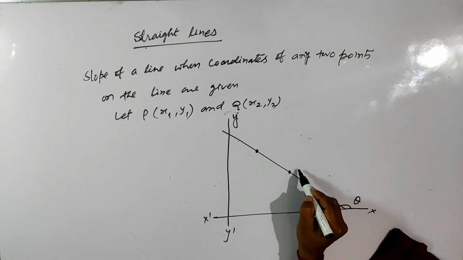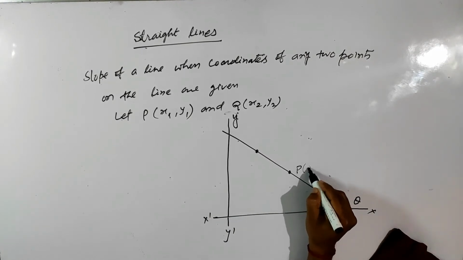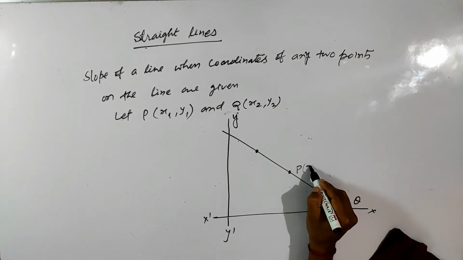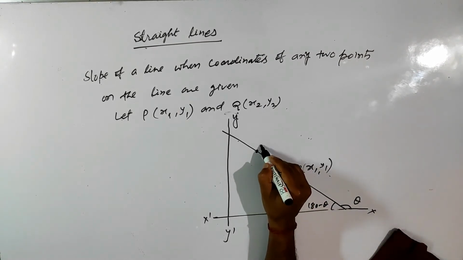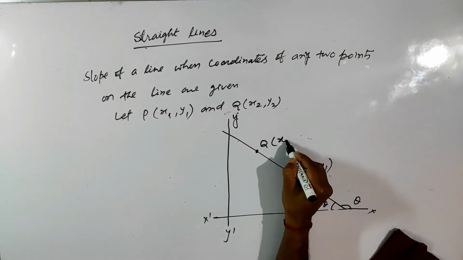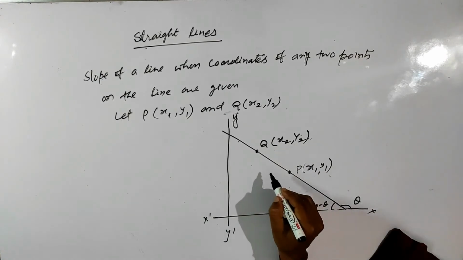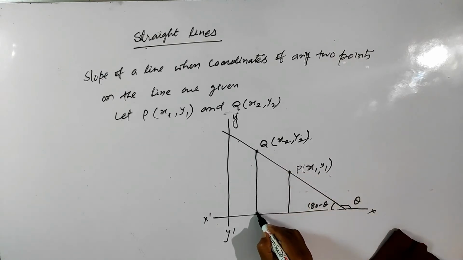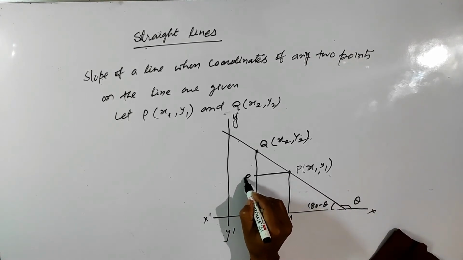This is point P, and this is Q. Let P be (x1, y1) and Q be (x2, y2). Drop the perpendicular from these points on the x-axis. Consider L, M, and now from point P, consider it R.